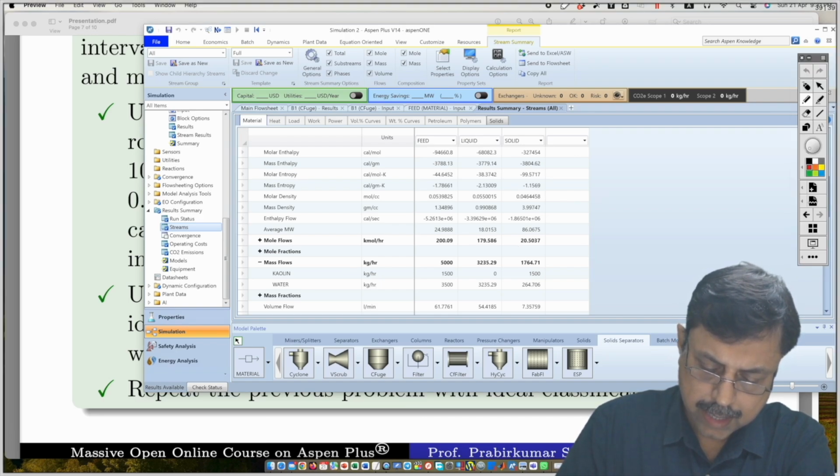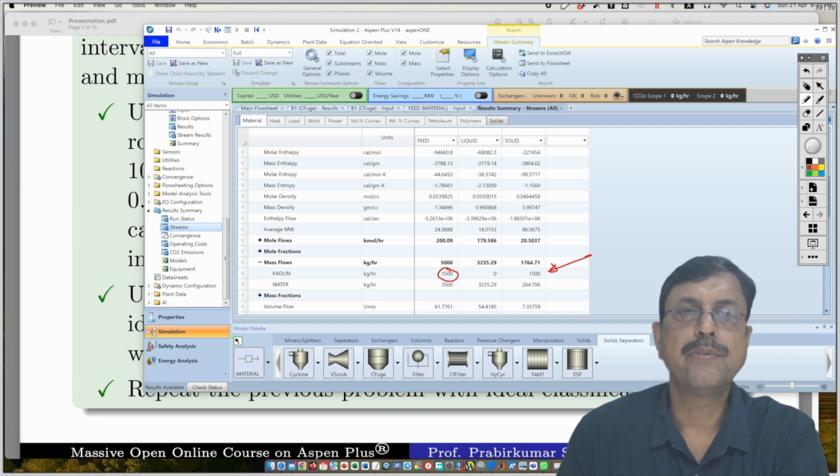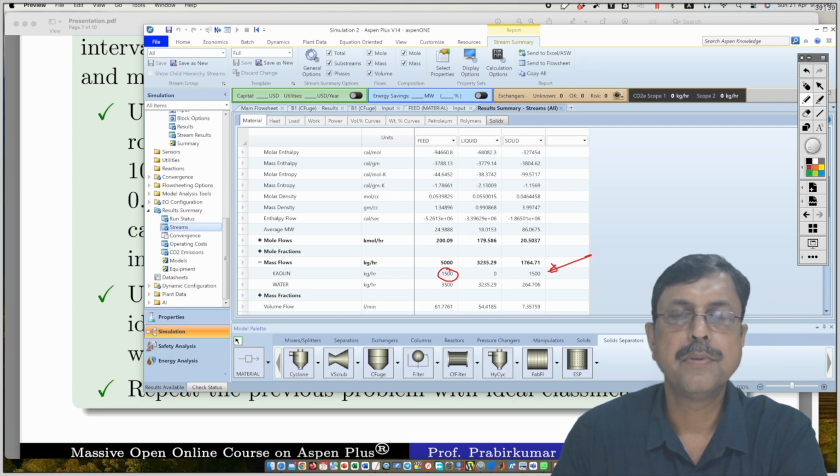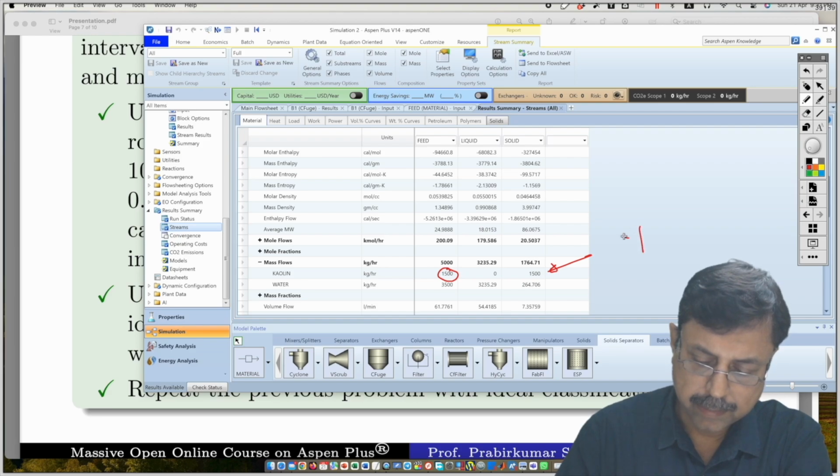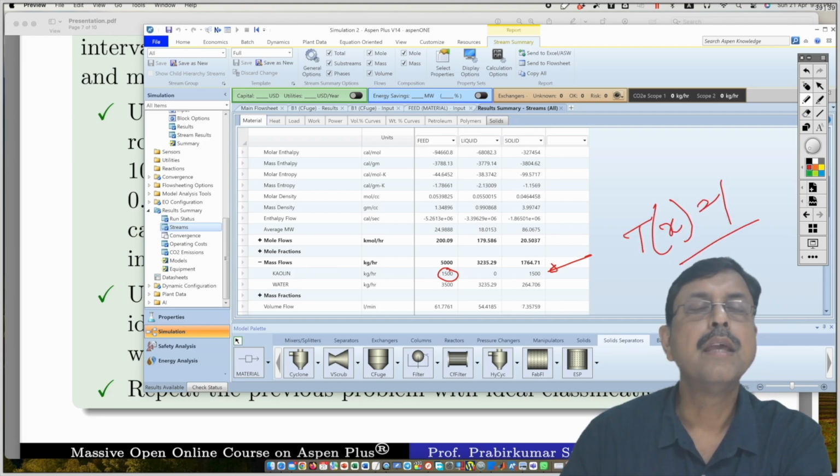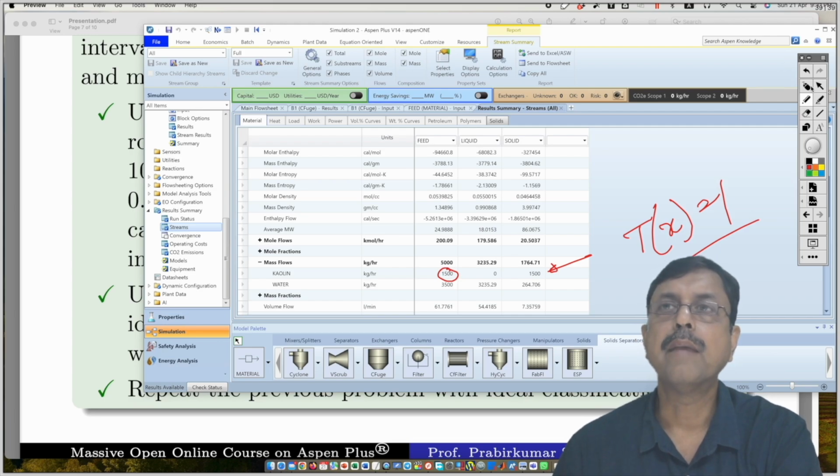So the entire 1500 kg per hour of kaolin has moved to the solid stream. So this is the ideal separation. In ideal separation, you know, Tx is equal to 1. So that's exactly what happens over here.